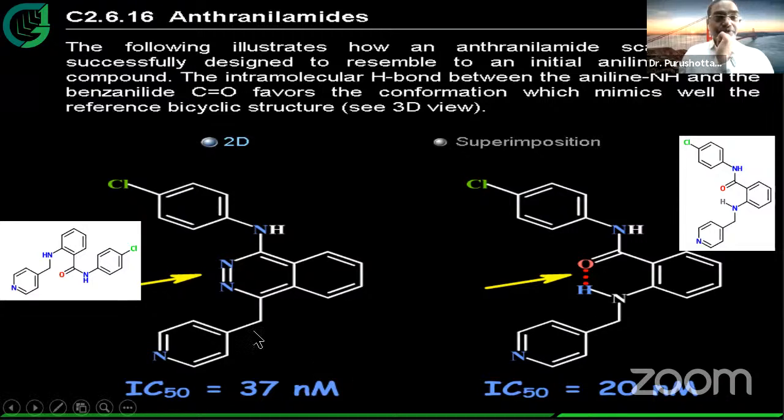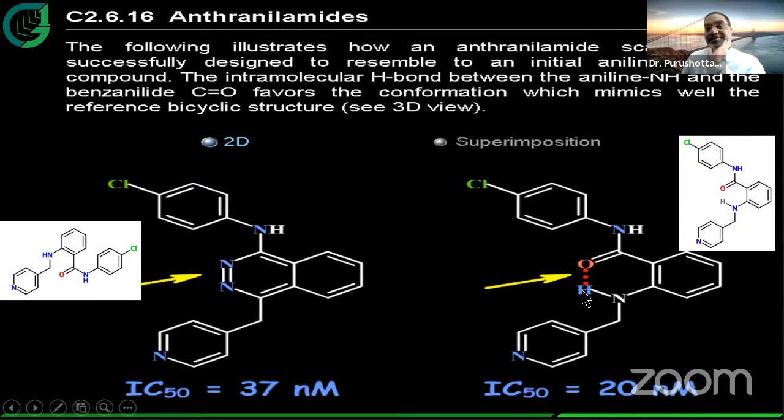And what you are seeing here is that the NN double bond in the anilinothalazine compound is replaced by simply hydrogen bonding, and still the molecule is active.